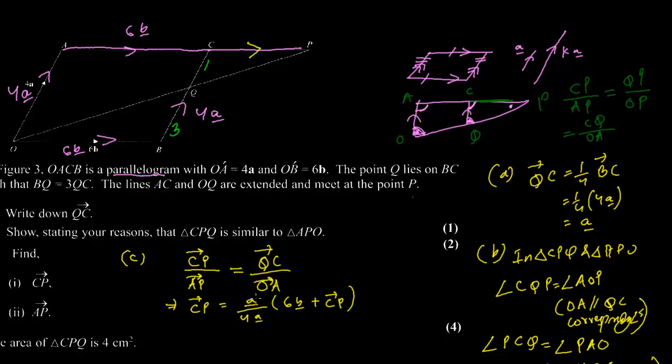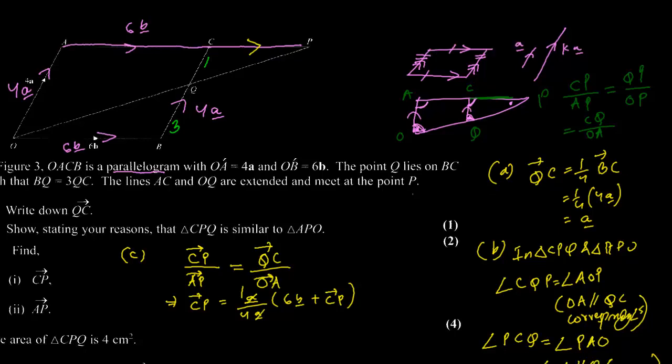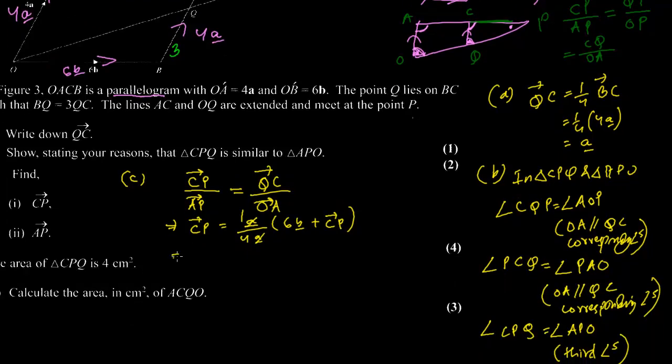It's like algebra. So we can cancel this off. This is 1 and this is 1 by 4. So if we cross multiply, this is what we get. We get 4CP equal to 6B plus CP. Therefore, if we just change the side, we write 3CP equals to 6B. Therefore, CP equals to 2B. So we find that CP is 2B.